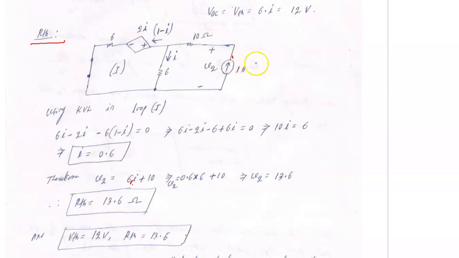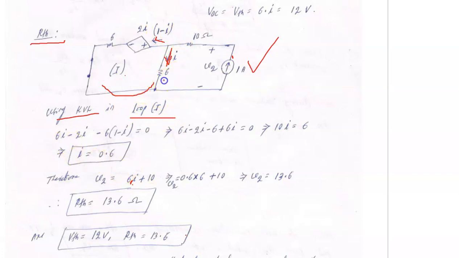Connect a 1 ampere current source, then analyze the circuit and find the V2 using KVL in the loop 1. Now you see 1 ampere is coming here, so here I ampere is going, so resulting current will be 1 minus I. So now apply the KVL around this.